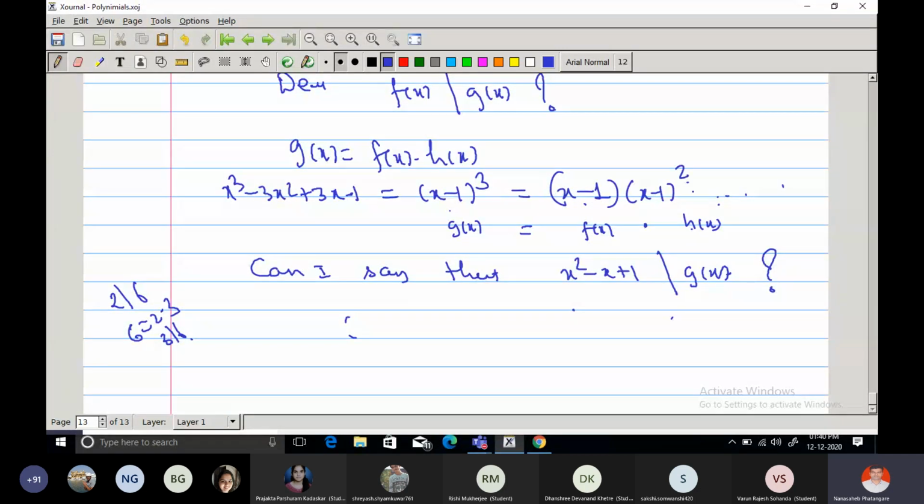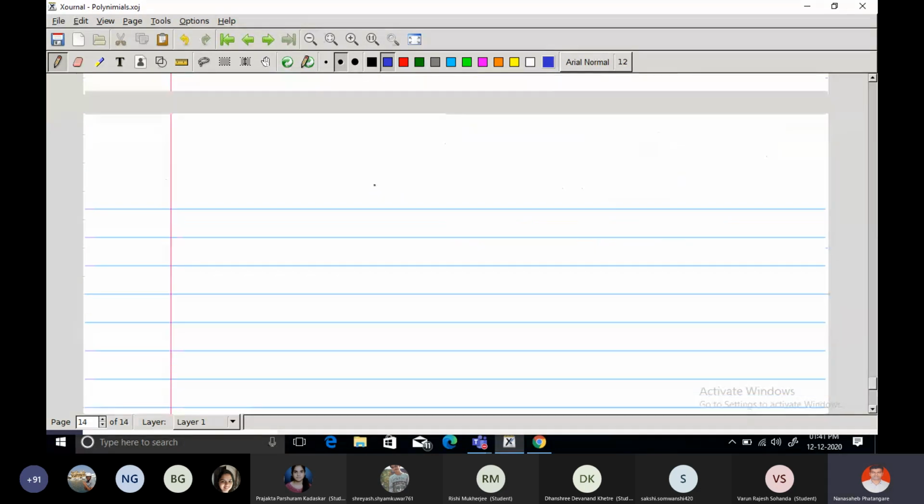This is hx. Then x square minus 2x plus 1 divides gx. Right? So this is true. Am I right? Yes, sir. Okay, now it is correct.